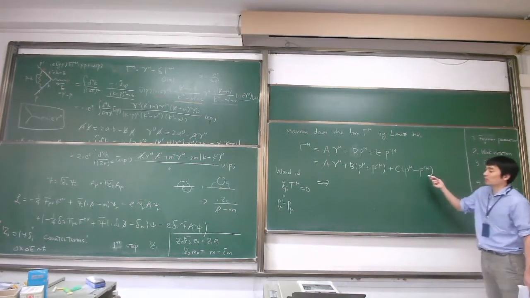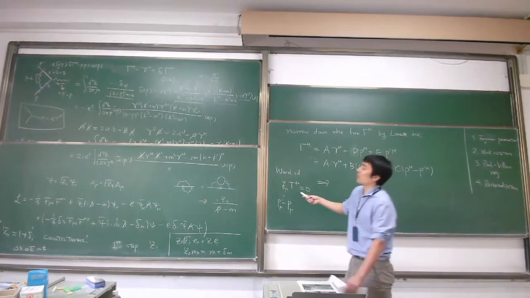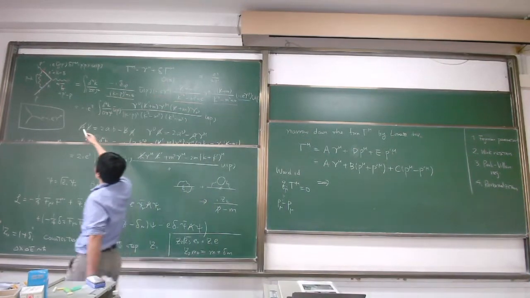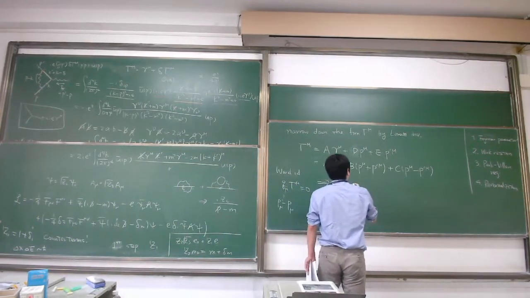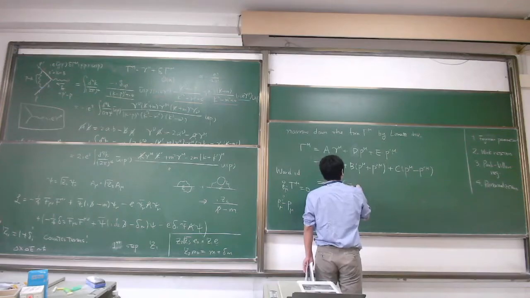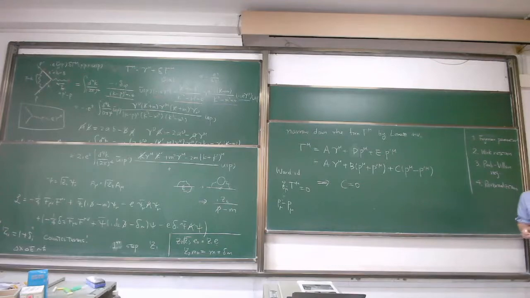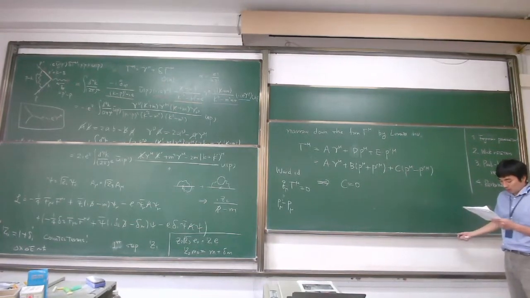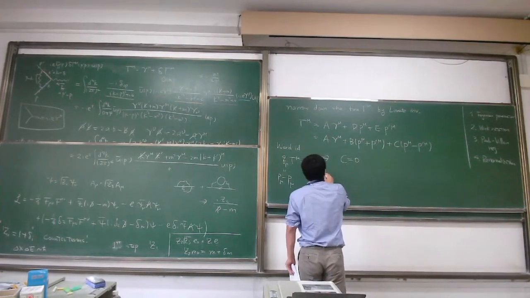On the other hand, here this is no longer 0; it just gives you q squared. q can take any momentum value. So therefore C equals 0. C has to be 0. Okay. And also, we have the so-called Gordon identity, which you derive in the form of the Gordon identity.